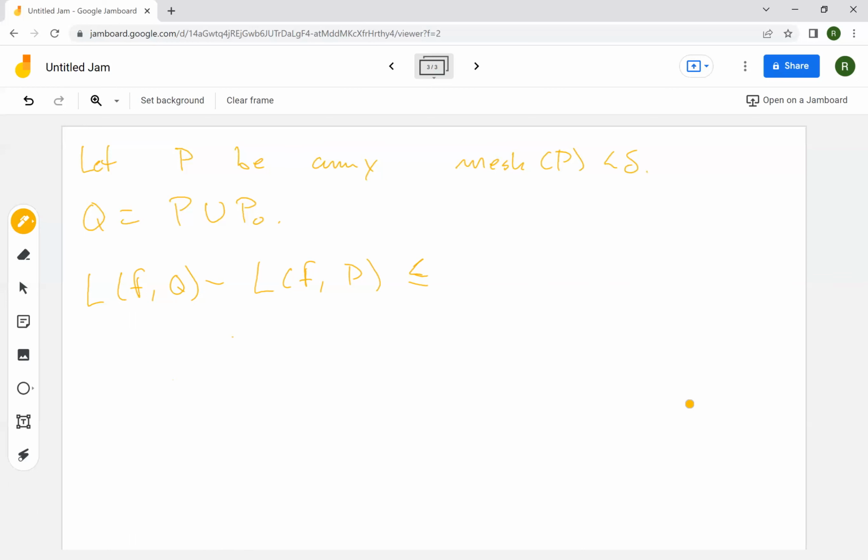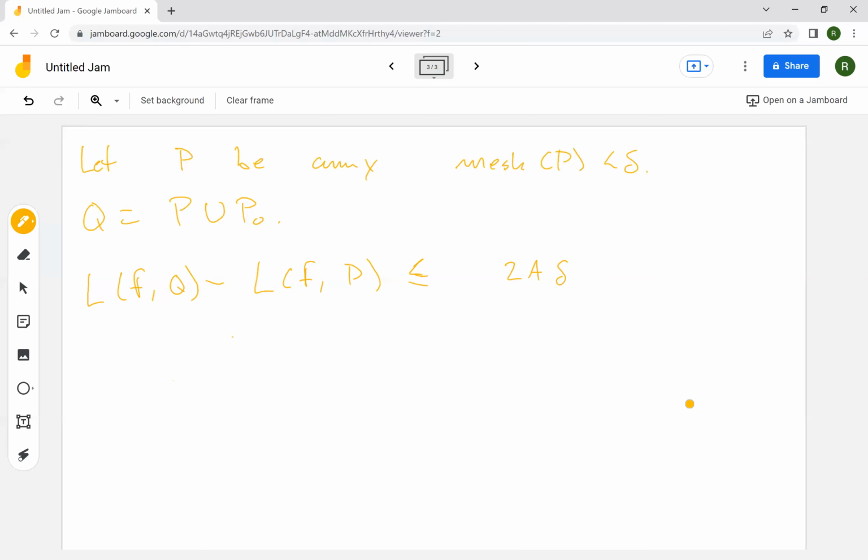Well, every time I do that, I know that this difference is going to be less than or equal to 2A delta. And I'm going to do this m times. So I know this fact here that I just wrote from the previous technical lemma. This isn't exactly correct yet.